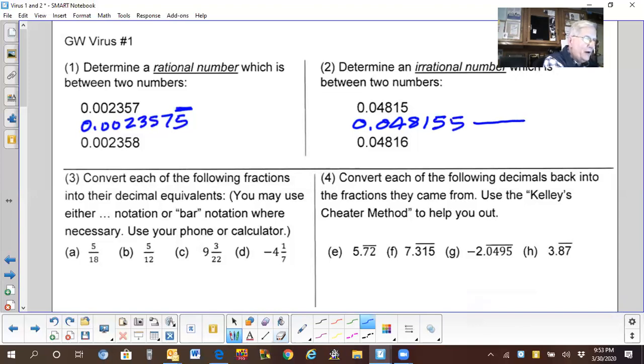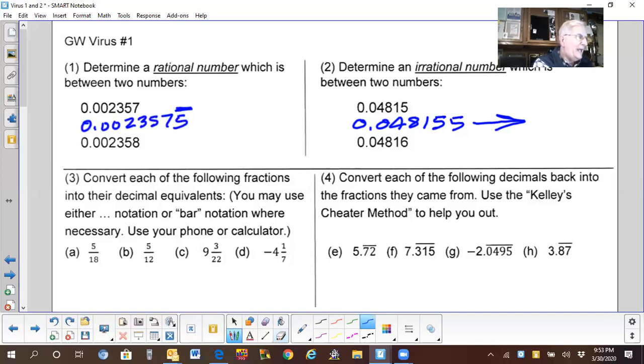If you put an arrow on there, that's a Kellyism, remember. I will count that right. You are telling me by putting that arrow that this number goes on forever and it's all over the place. It's not going to repeat, and it's certainly not going to terminate. So I would accept that answer as an answer for an irrational number that's between these two.